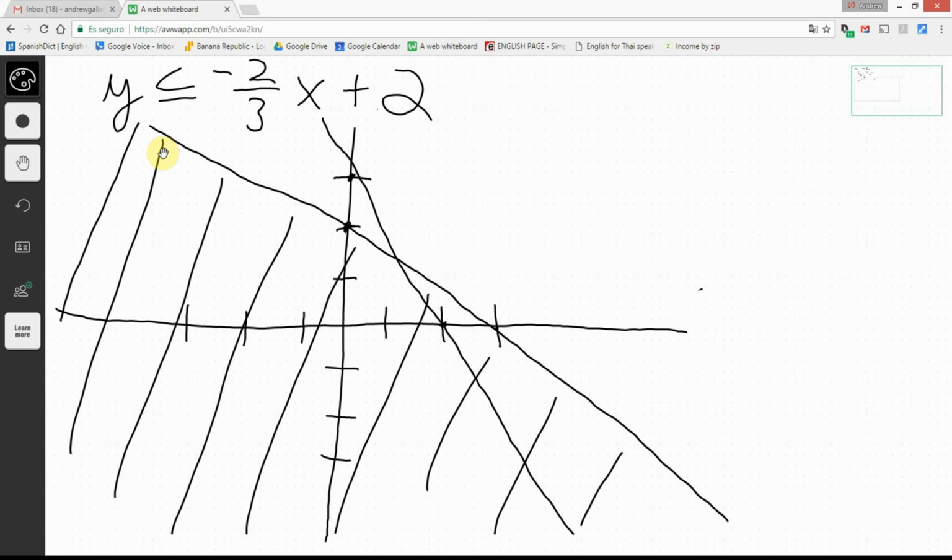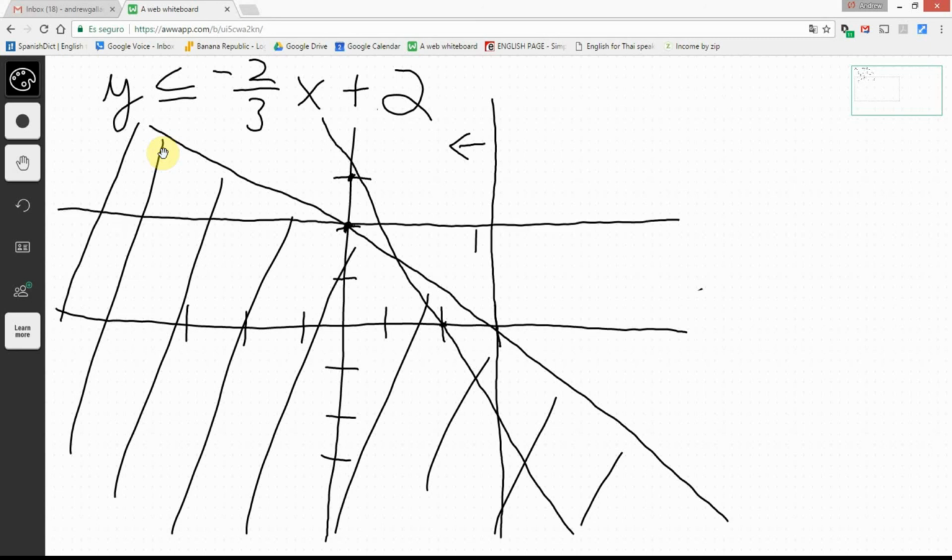Again, it says R is less than 3, but I find it annoying to work with R and S, so I'm working with X and Y. That means that X must be onto the left of that vertical line I just drew, and that Y is beneath the horizontal line.